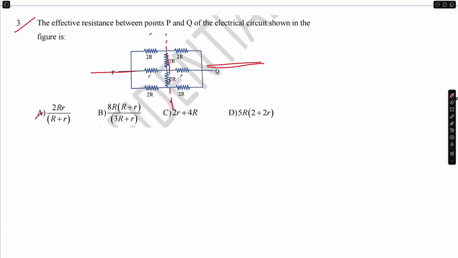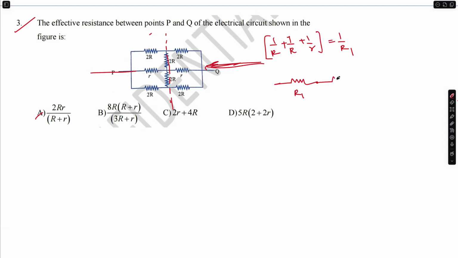So therefore, in this case, finally what will happen is I will say 2R, R, 2R in parallel. So it will be 1 by R plus 1 by R. That's the left hand part. Let this be 1 by R1. Let this be R1.